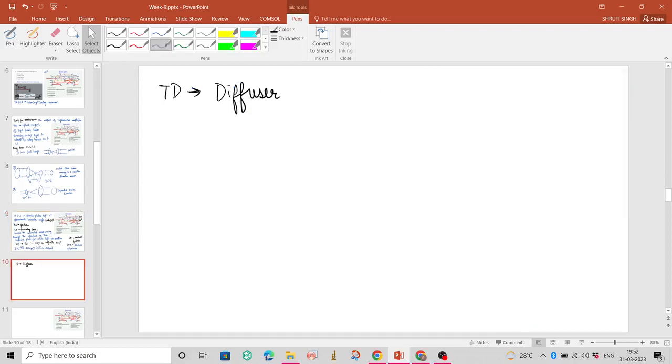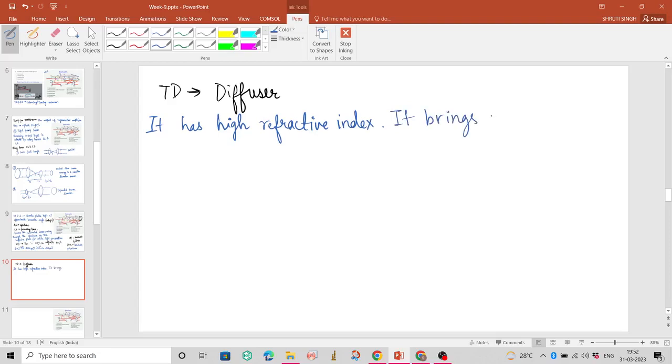So here the diffuser, what it does, it has high refractive index. So it brings chirp in the pulse, chirp in the white light which is generated after the sapphire. So here we are adding chirp.